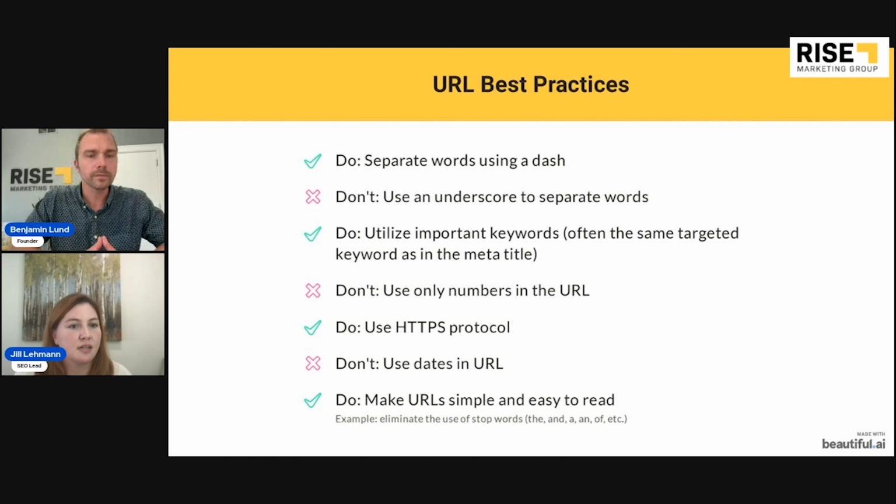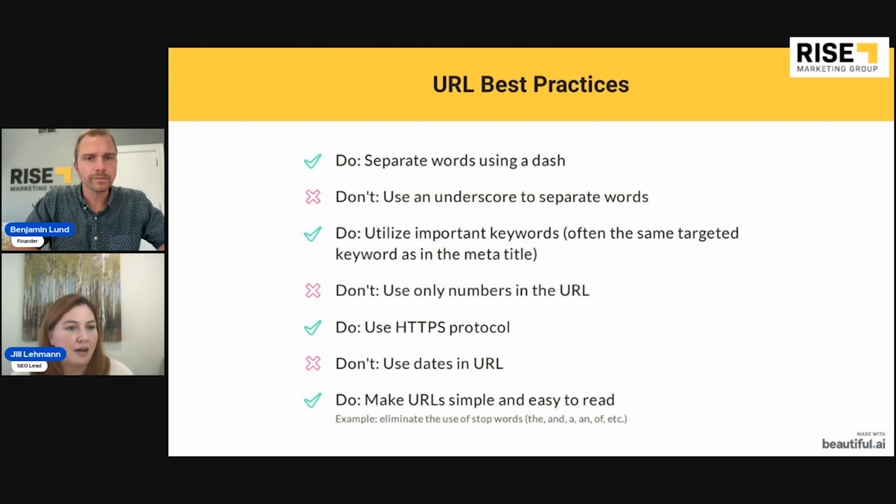Some of those are just making sure that if you have multiple words in your slug, so for example, if you're writing a blog on best SEO practices, you'll want to have a dash separating those words, best SEO and then practices. Oftentimes it's a dash instead of an underscore. So I would remember to use that instead. It just makes it easier to read for users, and it also makes it a little easier to read for Google as well.